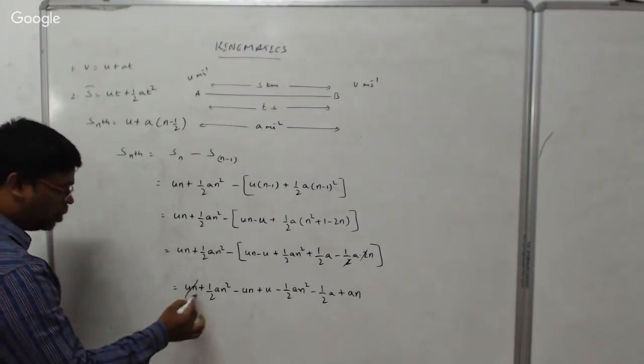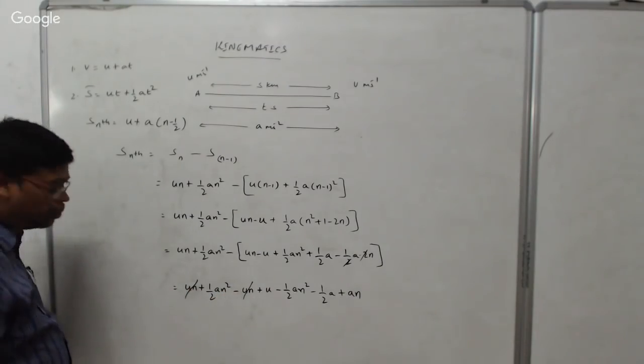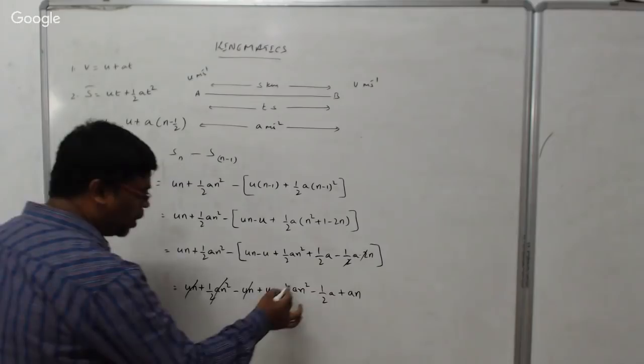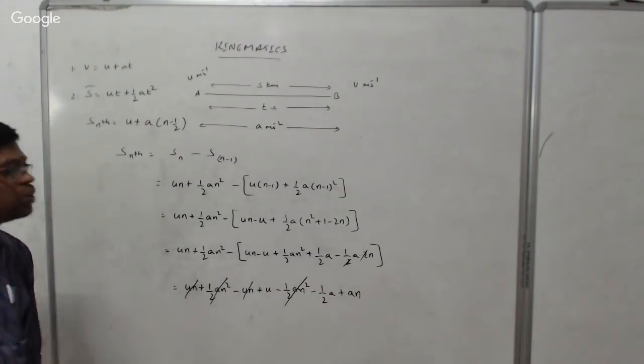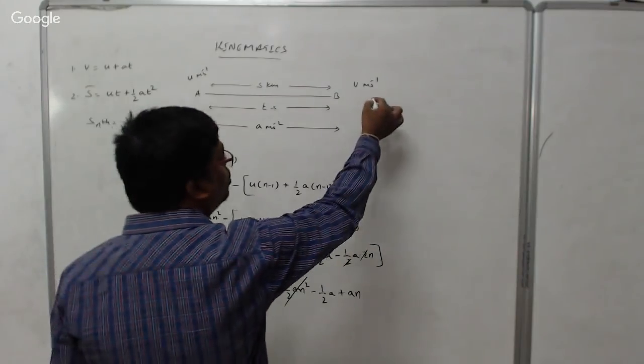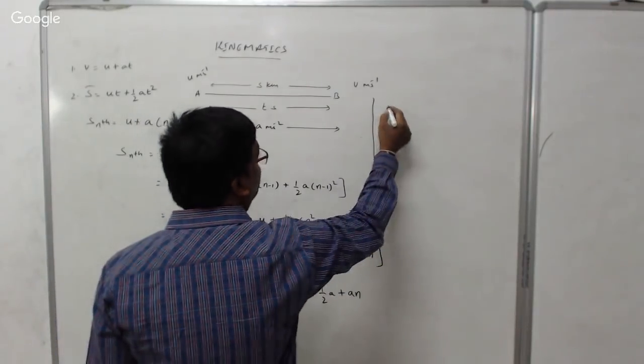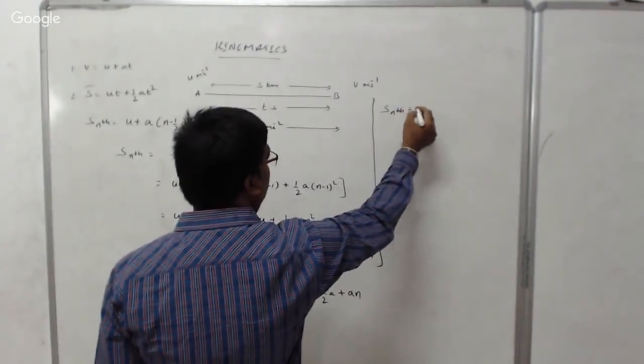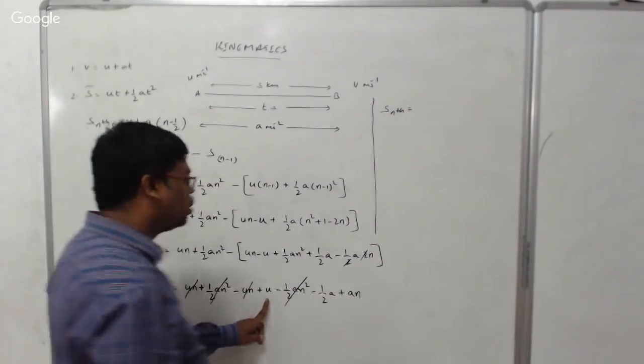Now, plus un, minus un, half an square, minus half an square. What are left over? I'll mention here. Distance traveled in nth second is equal to what are left over?